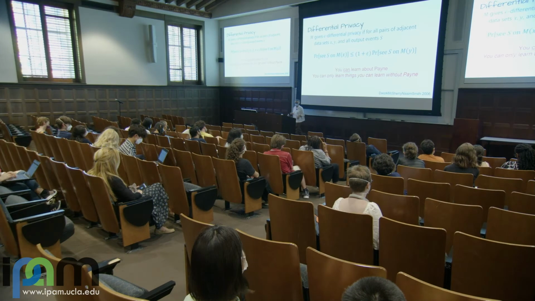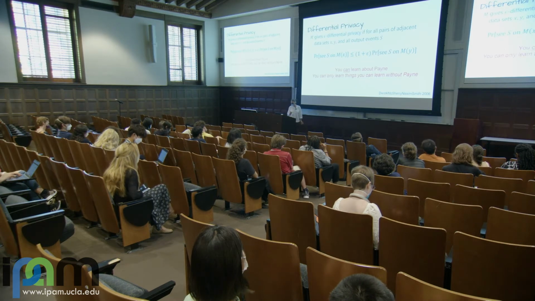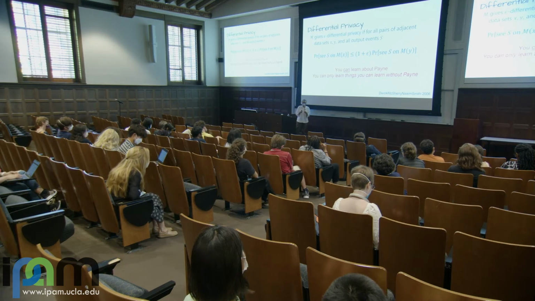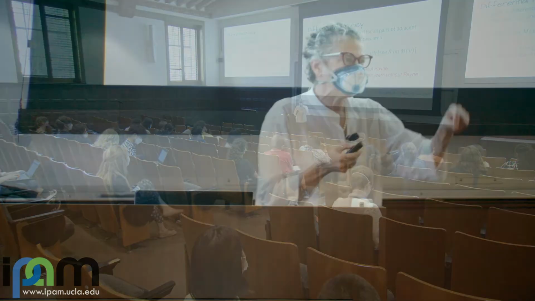Okay. So with this definition, you can learn things about people in the data set. It's okay to learn that the vast majority of people have one left foot and one right foot. It's just that what you learn can't depend specifically on any individual in the data set. If you changed your entire data set, then you could learn something new.